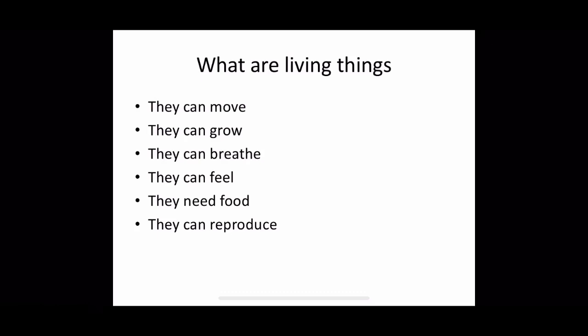Next important thing, living things can grow. When living things grow, their shape and size change. Suppose a newborn baby grows, and after some years becomes an adult like your parents.